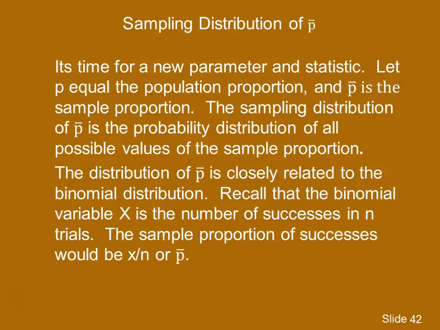For example, if I flipped a coin 100 times, the number of heads could be 0, 1, 2, 3, on up to 100, and that would be the binomial variable. The sample proportion of heads could be 0 out of 100, 1 out of 100, 2 out of 100, all the way up to 100 out of 100. So p-bar can be thought of as just x divided by n.